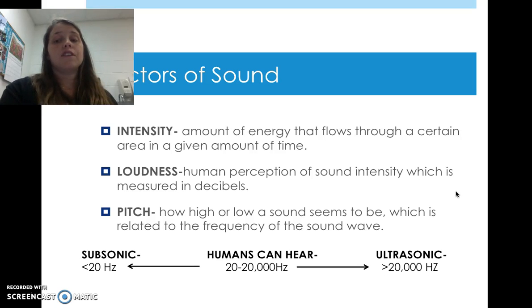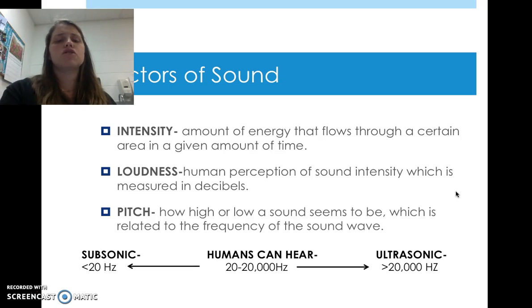And understand, if it's going through a certain area in a certain time, we're also looking at the frequency of that amplitude. Loudness is just humans' perception of sound intensity. So when something has a high intensity, it's going to be perceived as being loud.